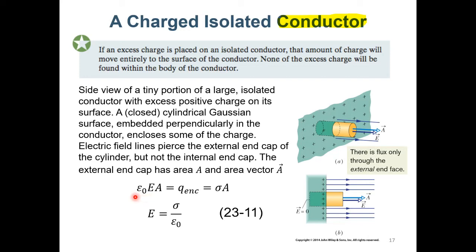We divide epsilon naught on both sides, so we have E equals sigma over epsilon 0 for an infinitely large charged isolated conductor plane. So the E field would be sigma over epsilon 0, which is a constant. It generates a uniform E field.